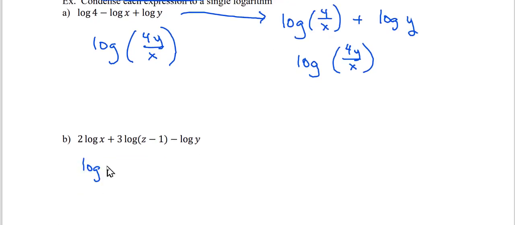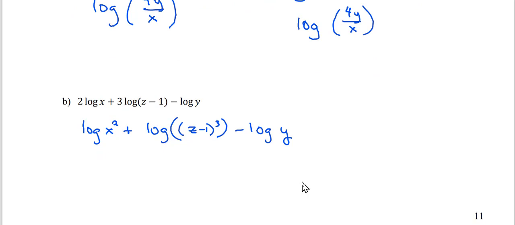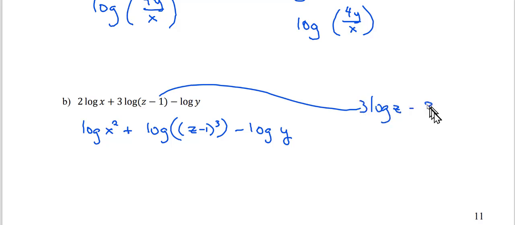Let's write this as log of x squared plus log of (z minus 1) cubed, making sure we recognize that the cube goes on the z minus 1, minus log of y. One thing to be very careful of here, the temptation might be to make this 3 times log of z minus 3 times log of 1.